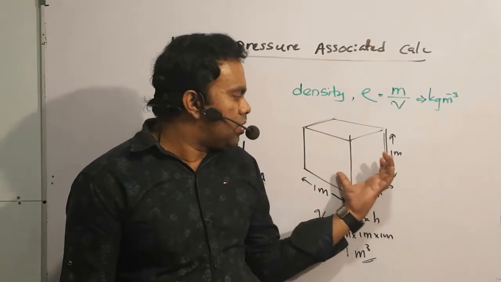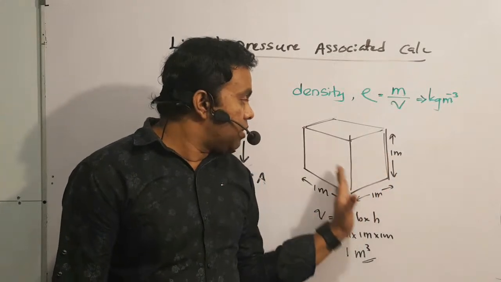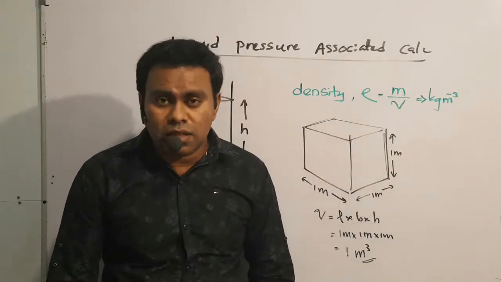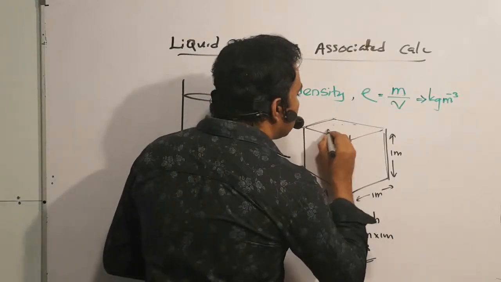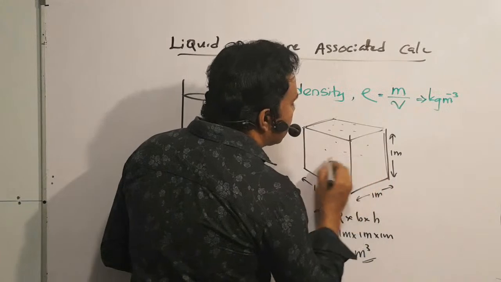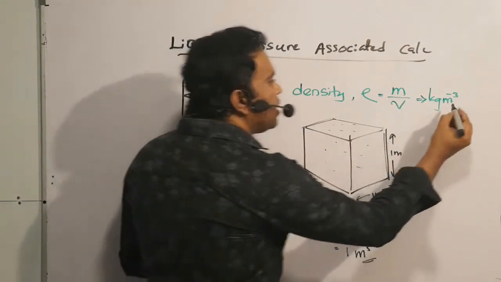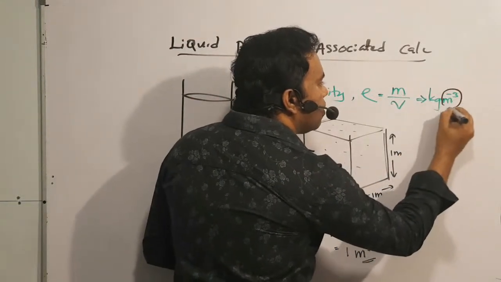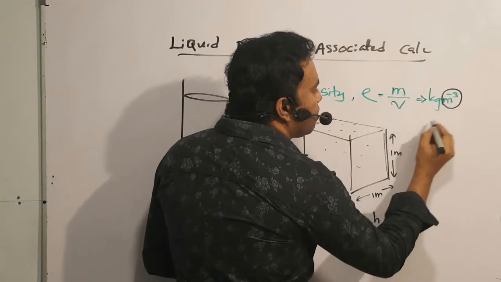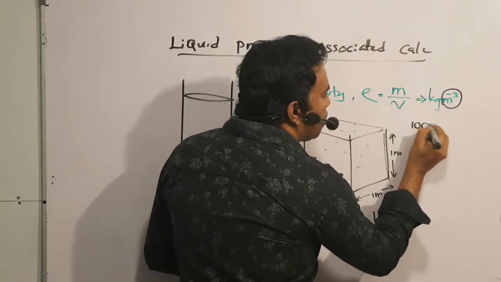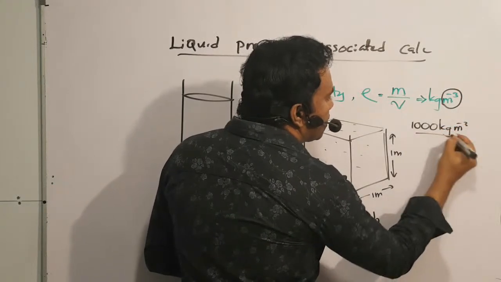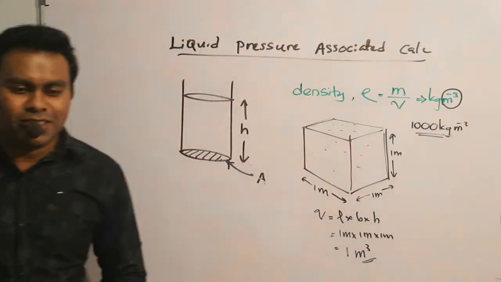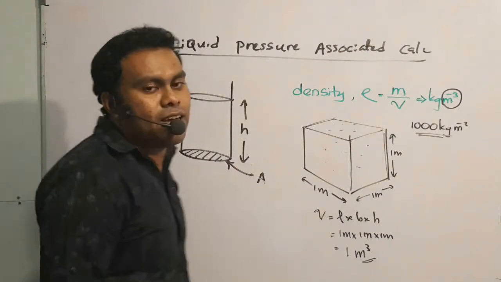If you consider water, if we fill it with water, per cubic meter we have to put 1000 kilograms. So that's the real idea of that.